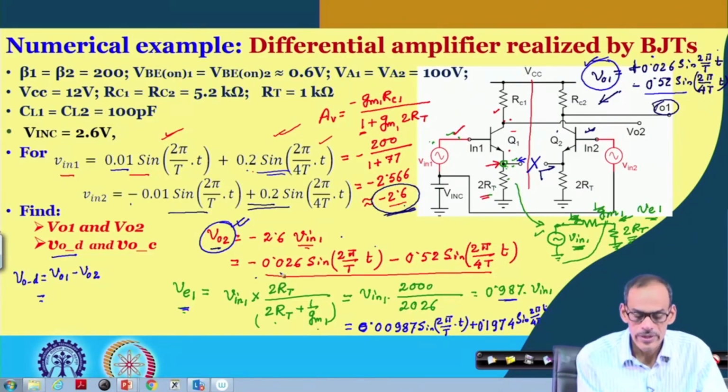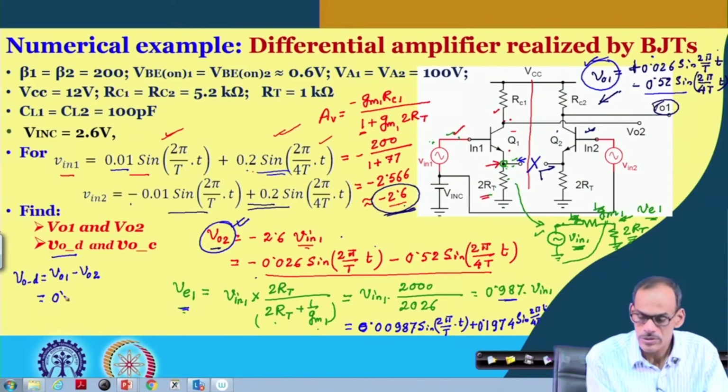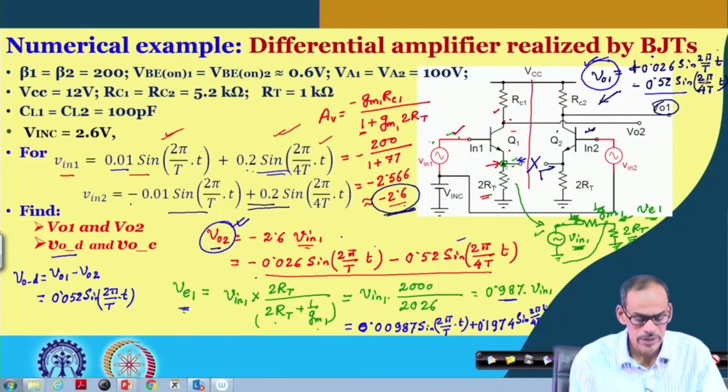So, what we are getting there is 0.052 sine 2 pi by capital T into small t, and this part, as I said, is getting removed.